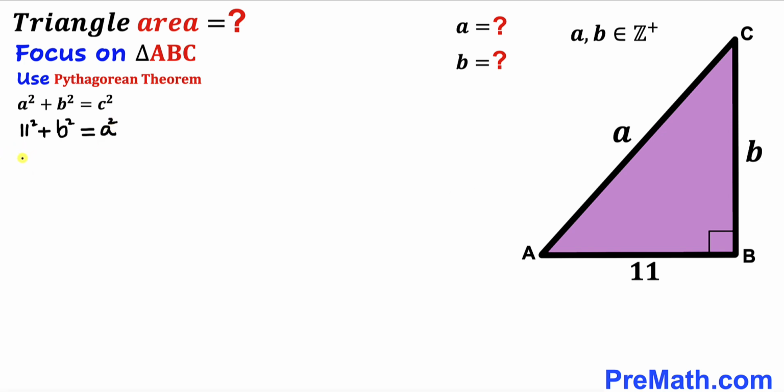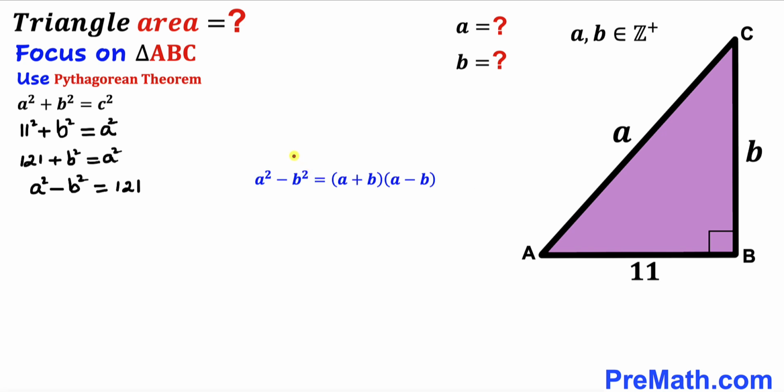Let's simplify. 11 squared is 121, plus b squared equals a squared. Let's move this b squared to the other side. So we can write a squared minus b squared equals 121.